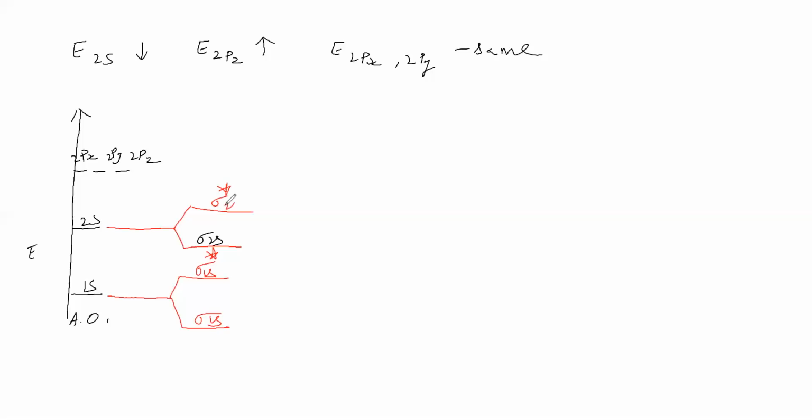Then the 2p atomic orbitals give sigma 2pz, then pi 2px equal to pi 2py, then pi star 2px equal to pi star 2py, then sigma star 2pz. This is the general order of energy.